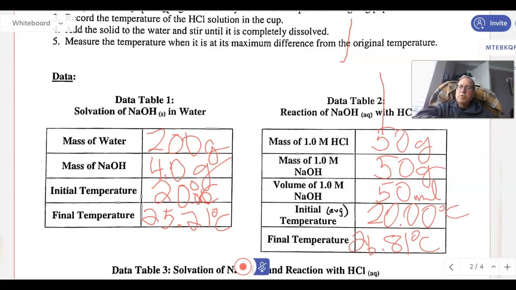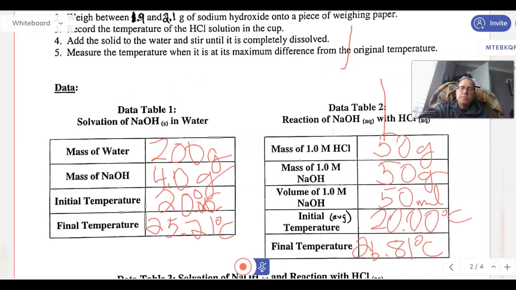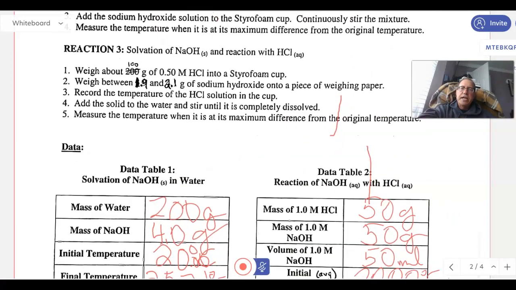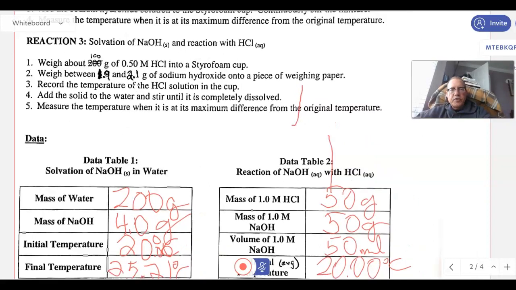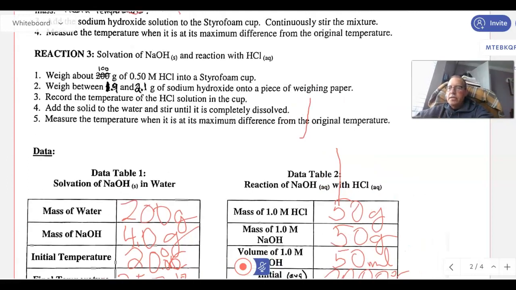All right, and then what you want to do is complete reaction 3. So again, this is the styrofoam cup. So that's our step 2. So just swap these 2 steps.